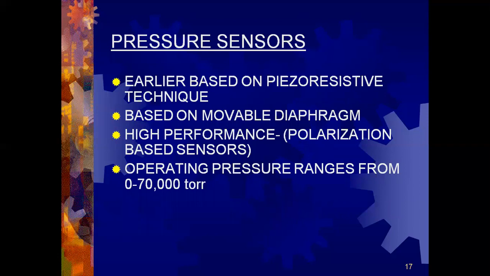Pressure sensors: earlier sensors were based on piezo-resistive techniques with a movable diaphragm, which produce high performance. This pressure sensor is a polarization-based sensor. The operating pressure ranges from 0 to 70,000 torr.